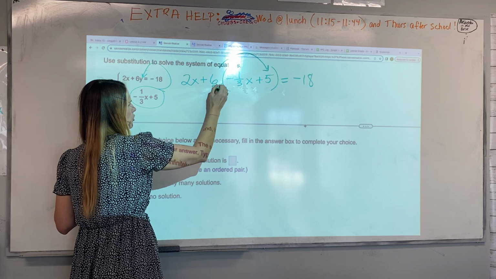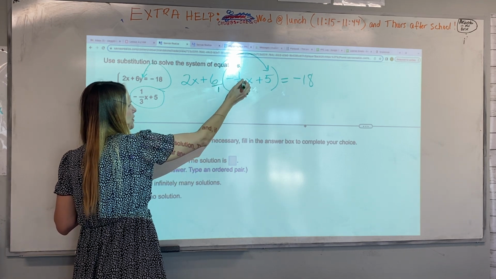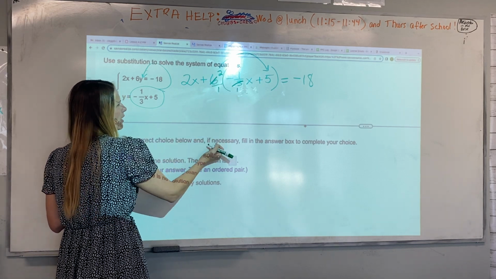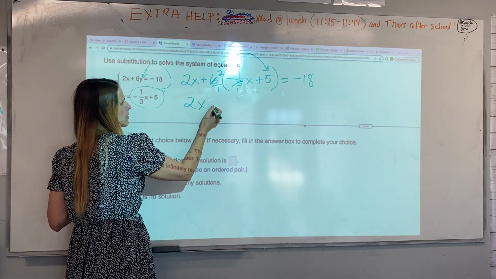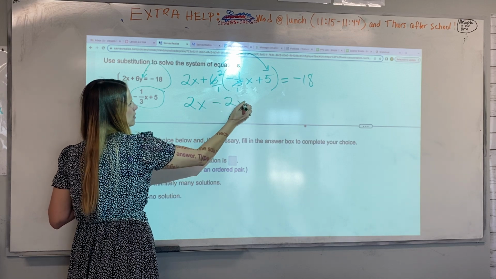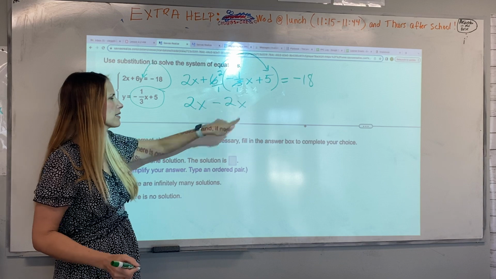I'm going to put 6 over 1 for that, and I'm going to cancel out my 6 and my 3 by dividing each of them by 3. And I get 2 times a negative 1x, which is 2x minus 2x, right? 2 times negative 1 is negative 2, and then x is x.